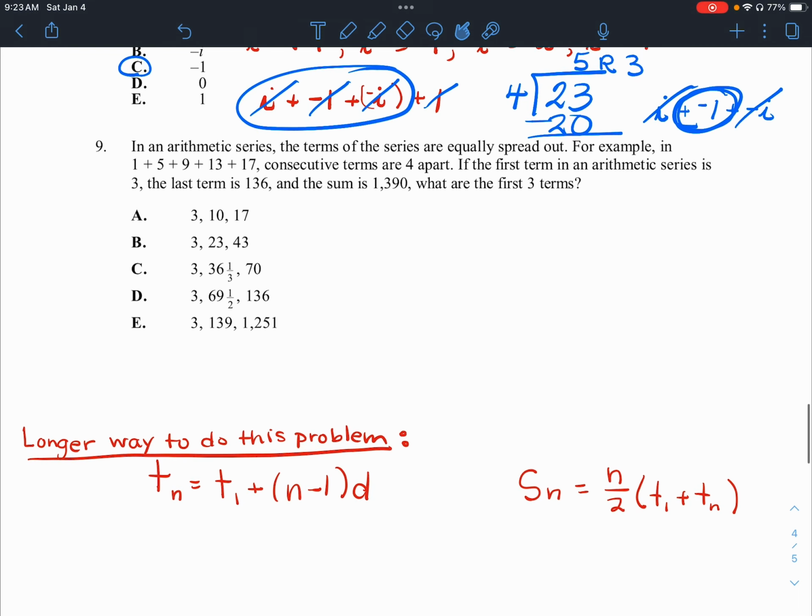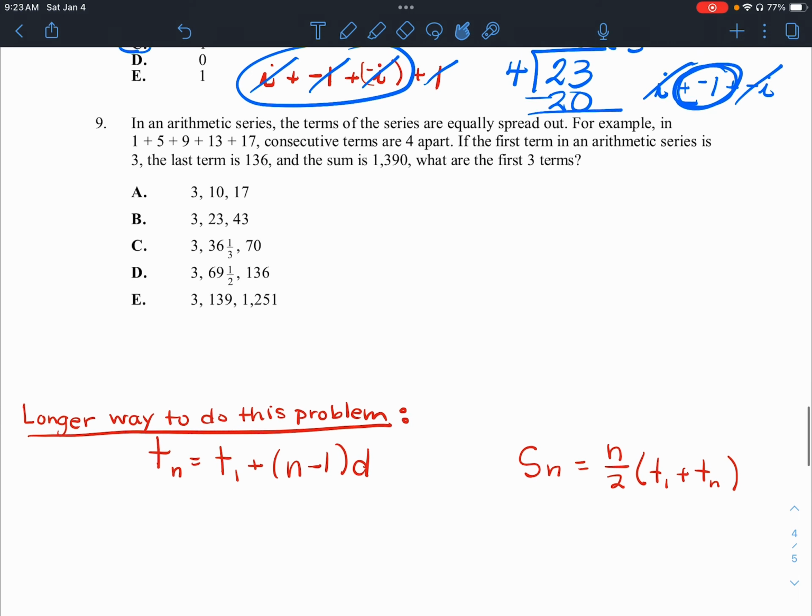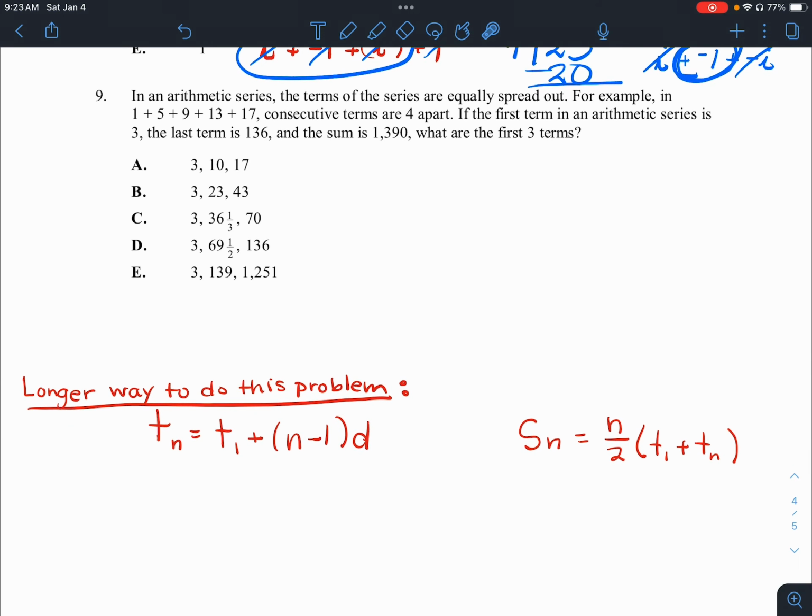Okay, and then number 9, which is our last problem, has to do with what is called an arithmetic series. An arithmetic series is when you have an arithmetic sequence and you're adding the terms together. Remember, an arithmetic sequence is when the values in between the terms you're either adding by the same constant number or you're subtracting.